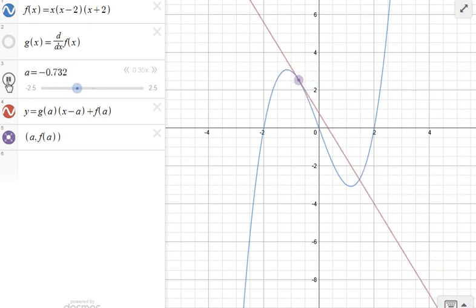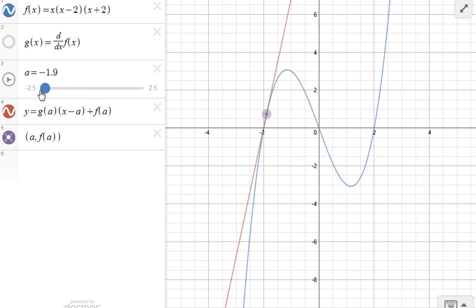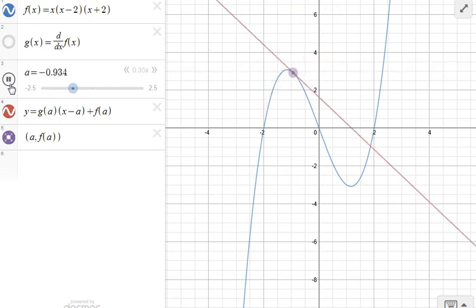Let me reset this. What's happening here is that the slope of the graph is decreasing. The slope of the tangent line is decreasing. Still decreasing, and stop. From here on out, the slope is going to start to increase.